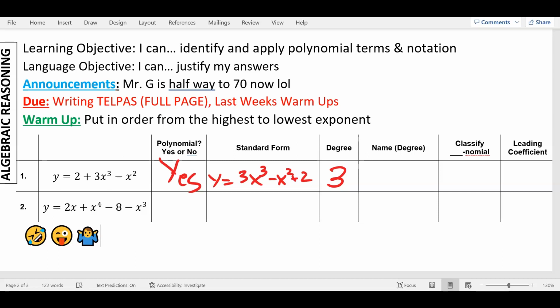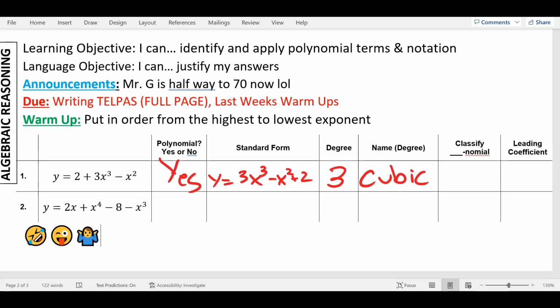No, that's classifying. It is cubic, okay? So no x is constant. An x with no power is linear. Squared is quadratic. Cubed is cubic. And fourth power is quartic, okay? So now, let's name this by its degree. We just said that. I'm going to write it down.